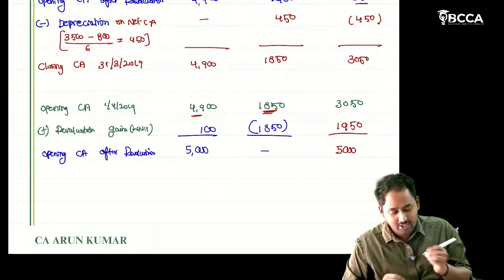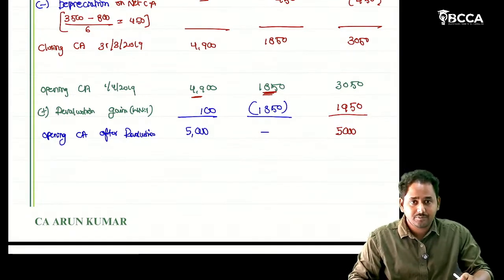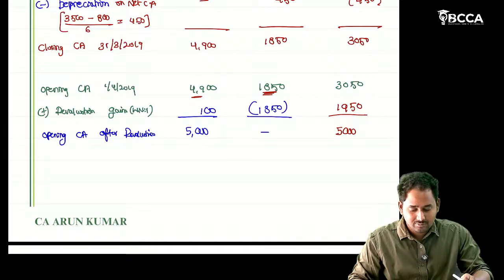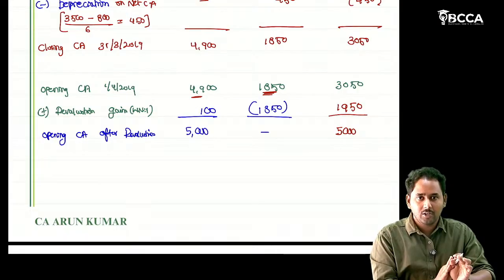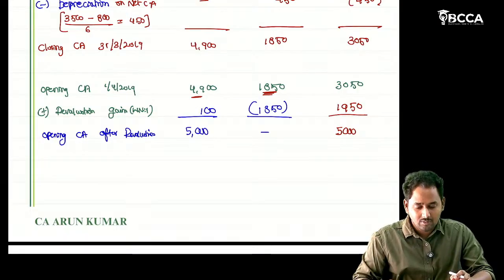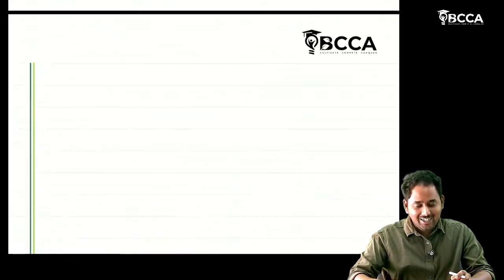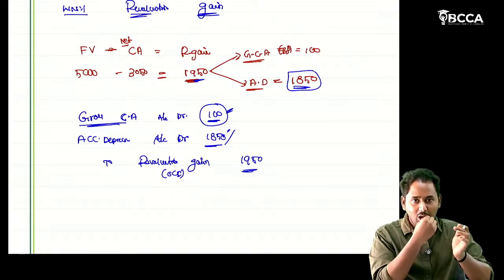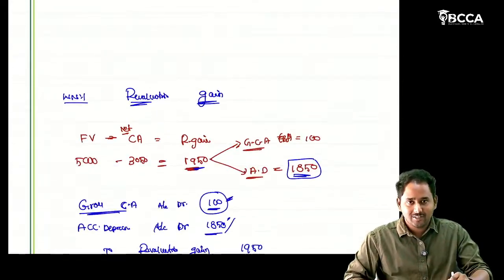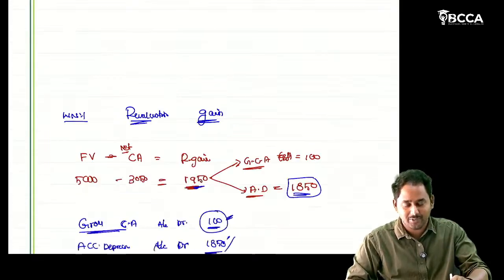Then what is the accumulated depreciation? 0. Accumulated depreciation is a liability here, not a provision. Already you have the accumulated depreciation balance of 1850. Now I wanted to reduce it, so that's why I am debiting it. Debiting means I should reduce the accumulated depreciation.